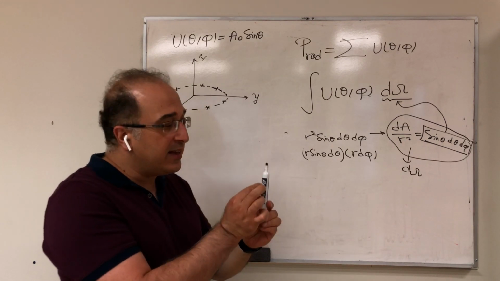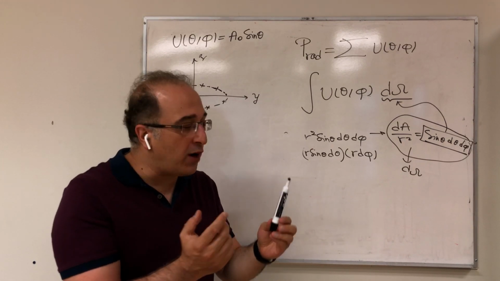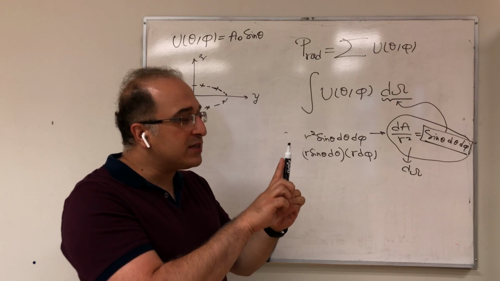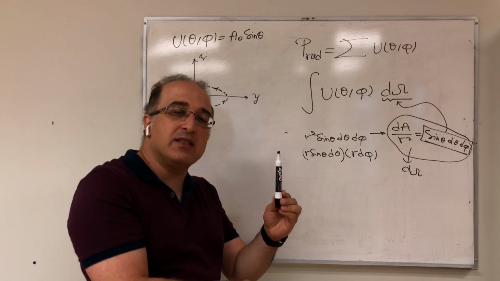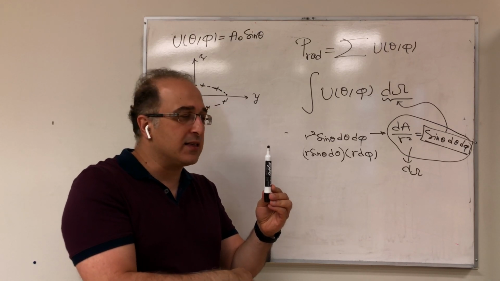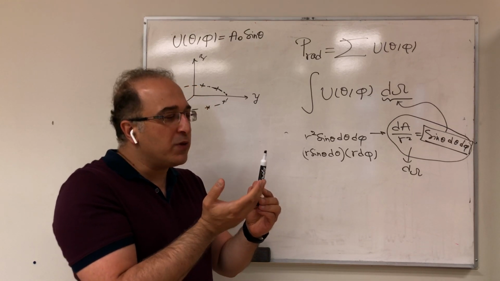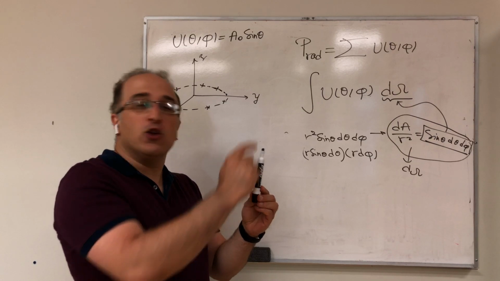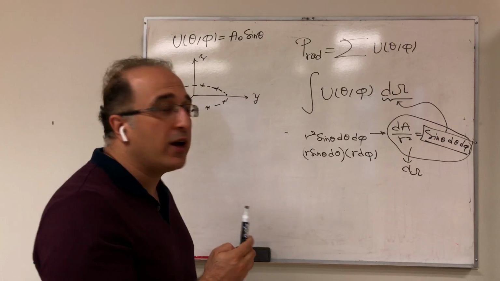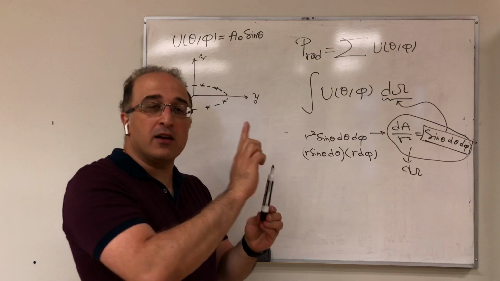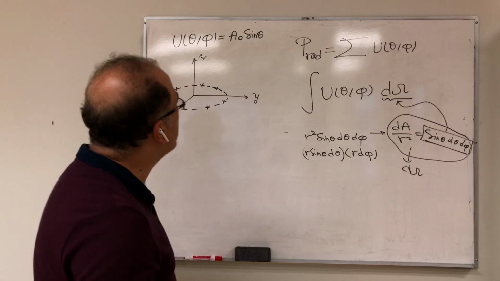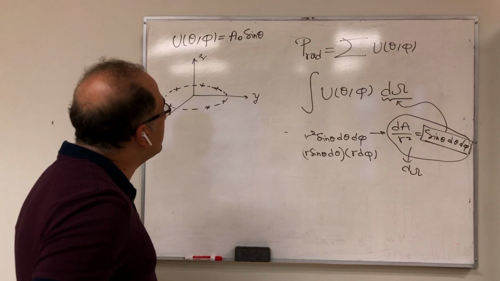That means in that cone, there is no power. Theta equals 0 means along the z-axis, theta equal 180 means the negative z-axis. So in this situation, we essentially get no power in the plus z and minus z, and that's also consistent with our dipole, that along the axis of the dipole, we had no radiation. So these are some insights.